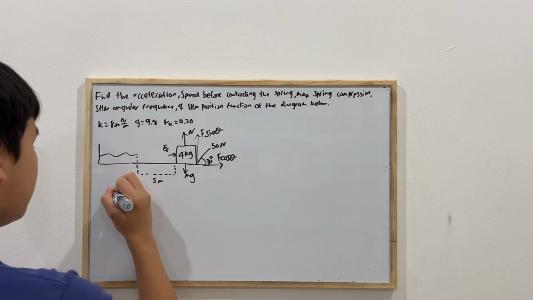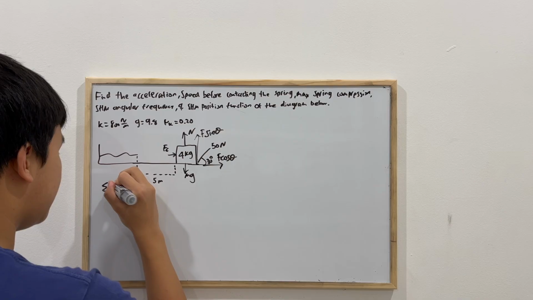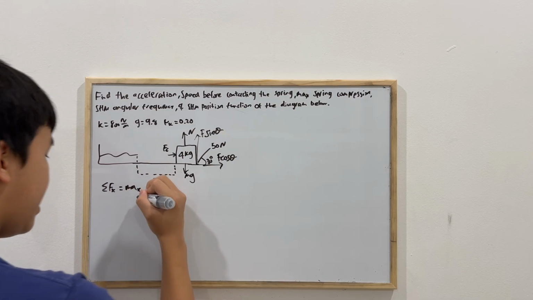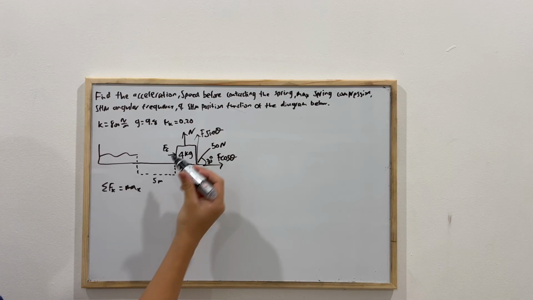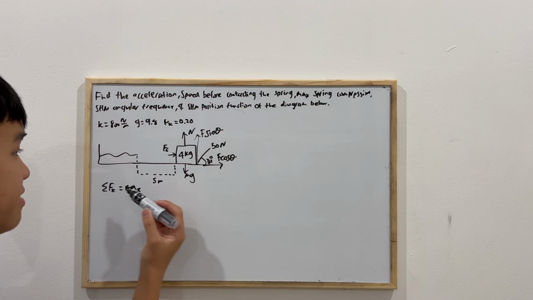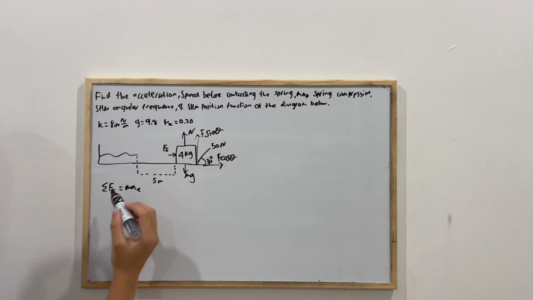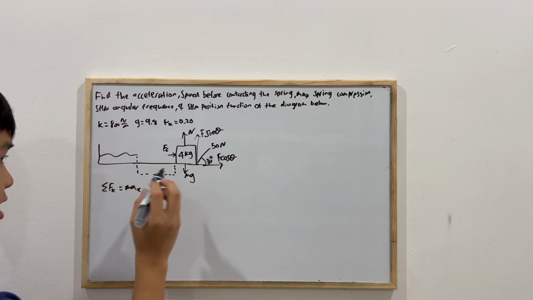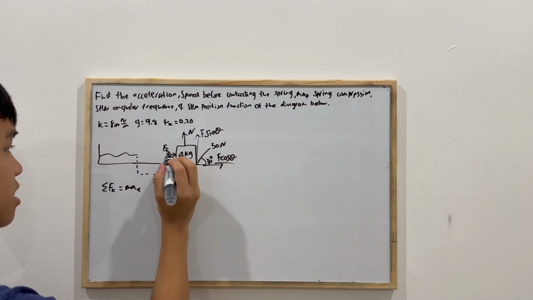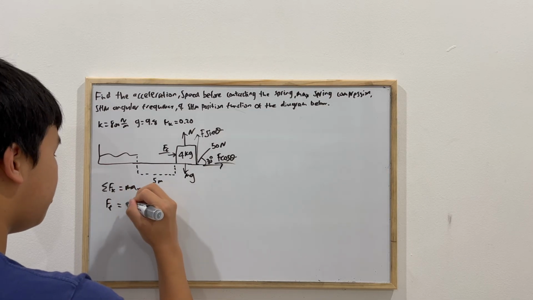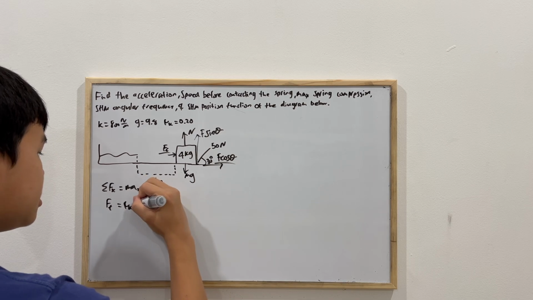To find the acceleration, we have to remember the equation: net force in x equals m times acceleration in x. It's the horizontal acceleration, so it comes from the horizontal force. We first have to find all the net horizontal forces acting on the object, which are F cosine theta and the force of friction. The force of friction is the kinetic friction coefficient times the normal force.